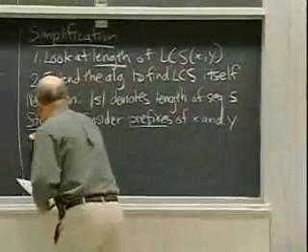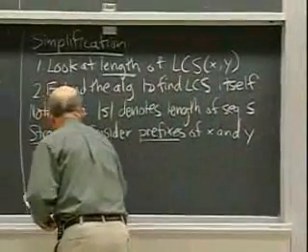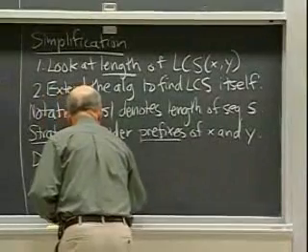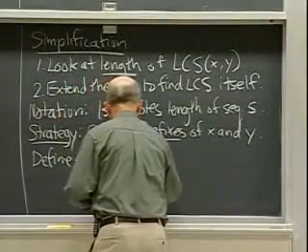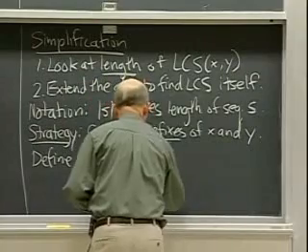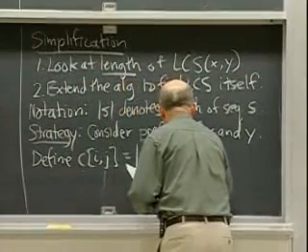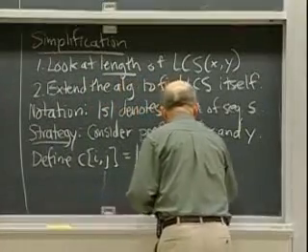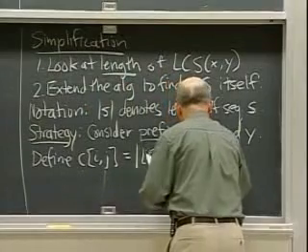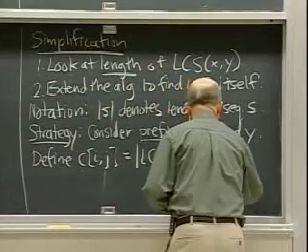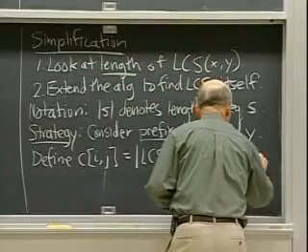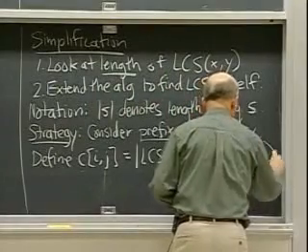In particular, we're going to define C of i,j to be the length of a longest common subsequence of the prefix of x going from 1 to i and y going from 1 to j.